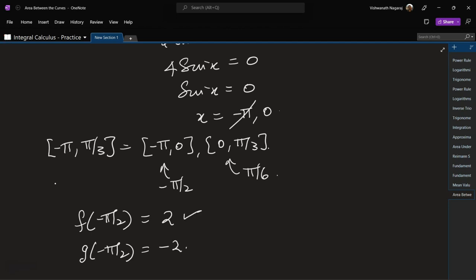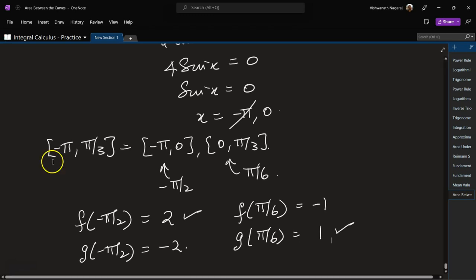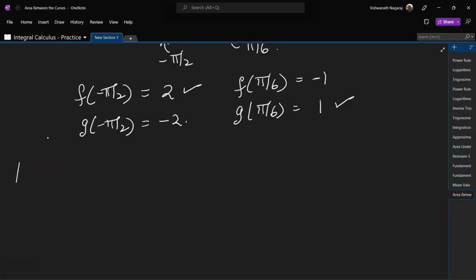So here f is greater. Now f of pi by 6 would be equal to minus 1 and g of pi by 6 would be equal to 1. So in this case, g would be higher. Okay, now we have all the information.